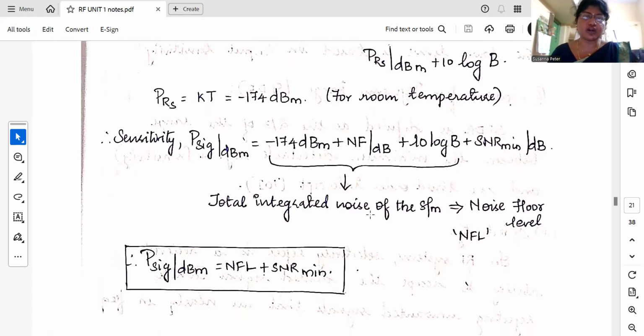B is the bandwidth in hertz, SNR min is the minimum signal to noise ratio required for acceptable performance, and NF is the receiver noise figure in dB. So your sensitivity is a combination of the bandwidth, noise figure, and signal to noise ratio. All three are related in your sensitivity.